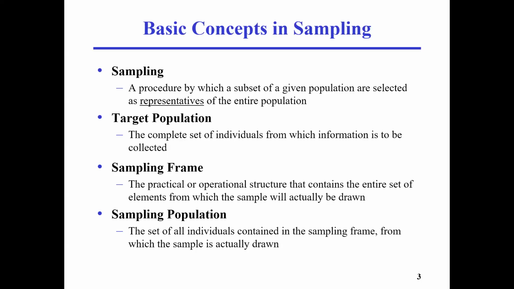Usually, we set some conditions to establish this sampling frame, and then sampling population: the set of all individuals contained in the sampling frame from which the sample is actually drawn. So we use this sampling frame to address the sampling population. Sampling population should be based on sampling frame.